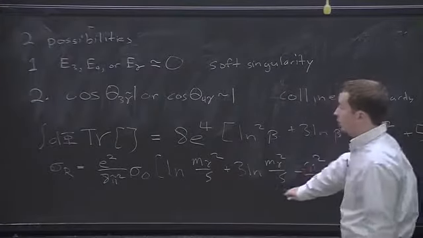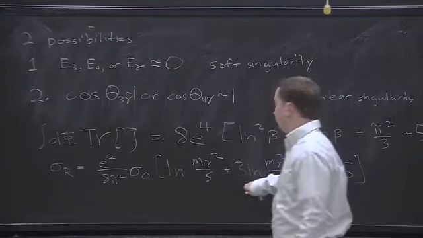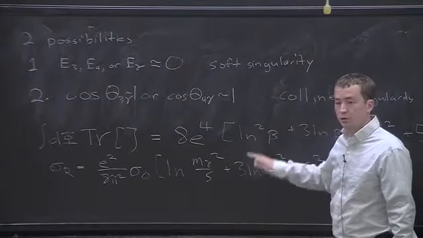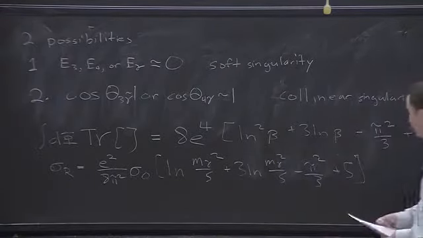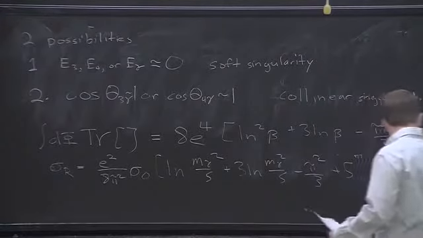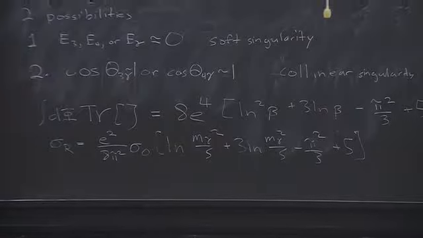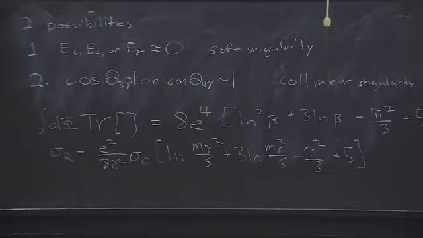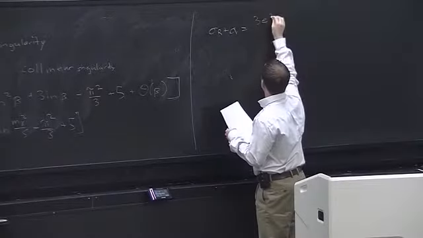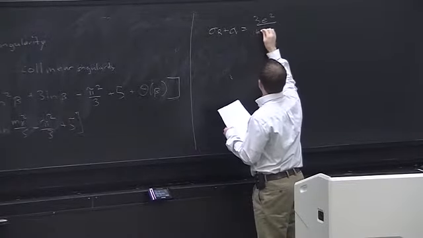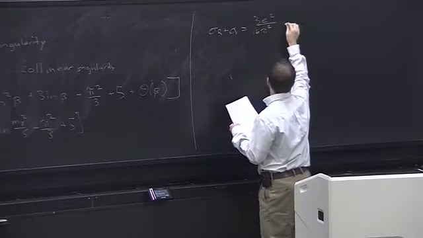And these are precisely the same divergent terms we found earlier with opposite signs. They cancel. And so what we're left with is that sigma r plus sigma v is 3e squared over 16 pi squared sigma naught.